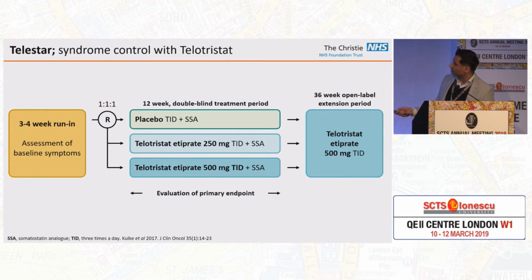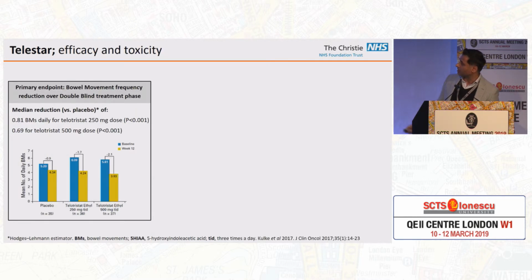And that drug, telotristat, was tested in a trial called TELESTAR, which was a randomized controlled trial looking at 2 doses of telotristat against placebo in patients that had uncontrolled or poorly controlled syndrome. And the bottom line is the primary endpoint, which was bowel movement frequency.